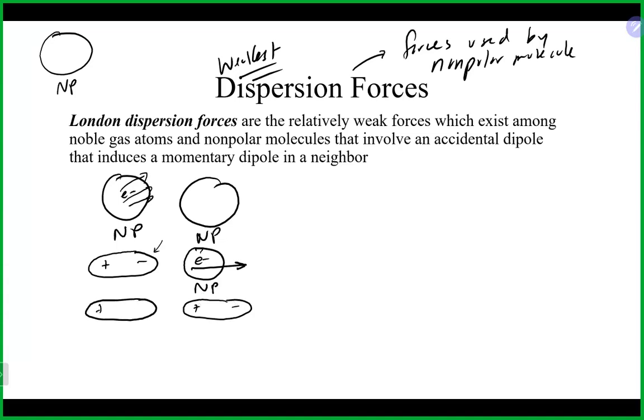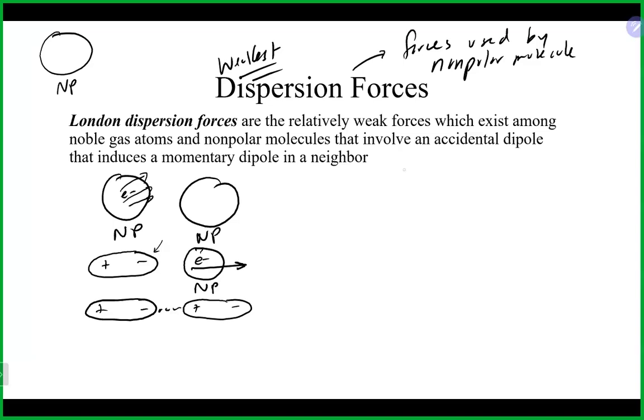Now these two nonpolar molecules, which normally don't have any charge side, temporarily gain a charge, and they have a way to interact with one another through dispersion forces. These are temporary because as the electrons go back, they break these bonds, make new ones, and break them and make new ones. They are not permanently fixed.